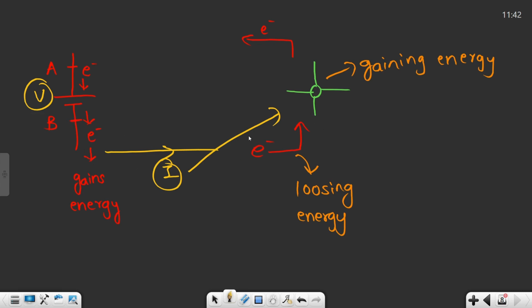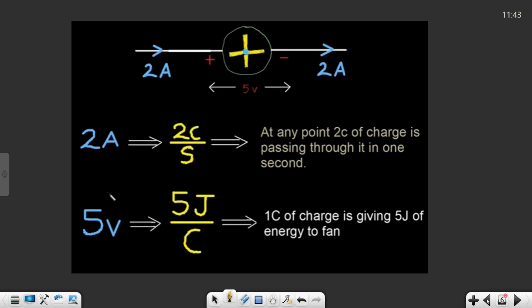So your power is totally dependent upon voltage and current. I hope this part is crystal clear. Power is nothing but the amount of energy that is consumed per second. That's it, it's very simple.